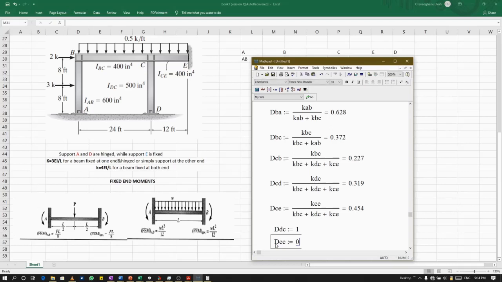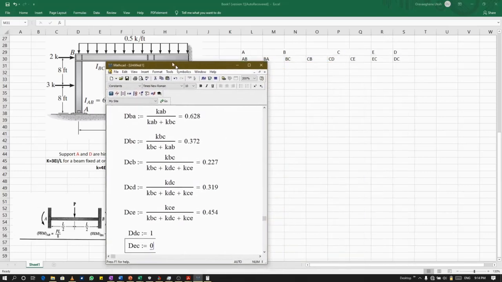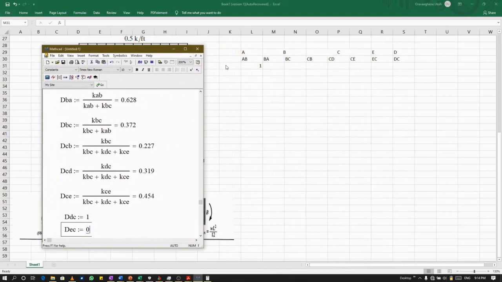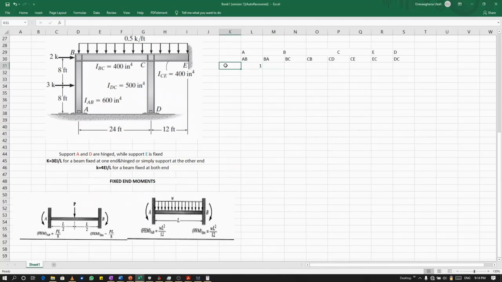All right, so we have our distribution factors. Let me write this here so that we are not lost: D, distribution factor.